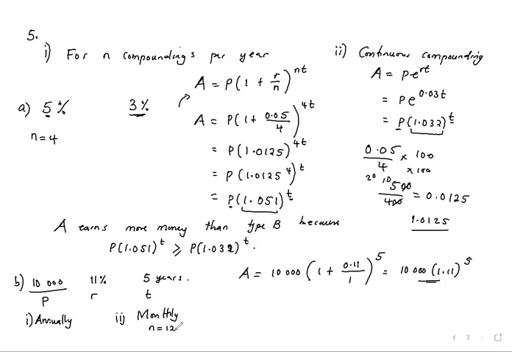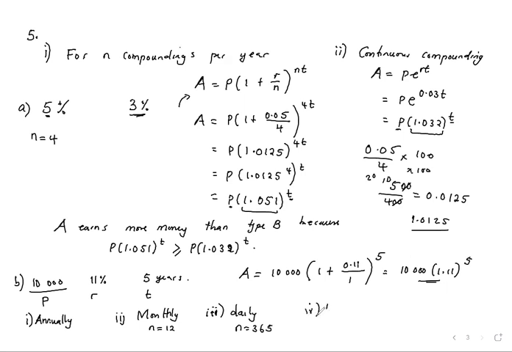Then when they say daily, how many days are in a month? Okay, how many days are in a year? So a year is approximately 365 days. So that becomes your N, 365 days.